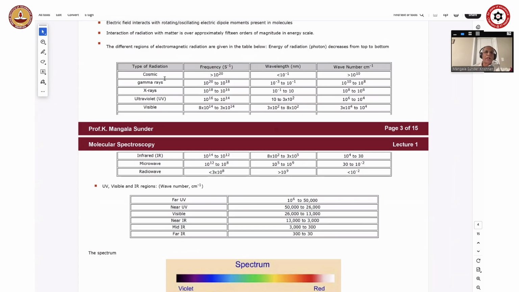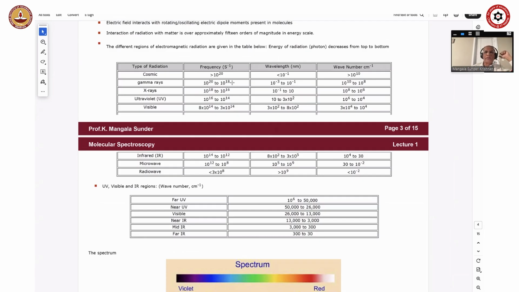We try to analyze the radiation that comes from outside of the terrestrial region. Then we have gamma rays, fairly high energy, gamma ray spectroscopy, and there is also Mössbauer spectroscopy. You can see that the frequencies are in the range of 10 raised to 20 hertz to 10 raised to 18 hertz.